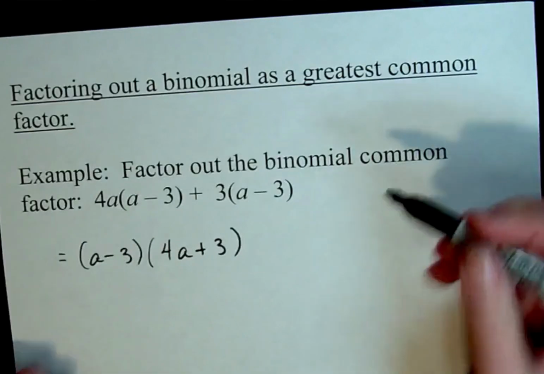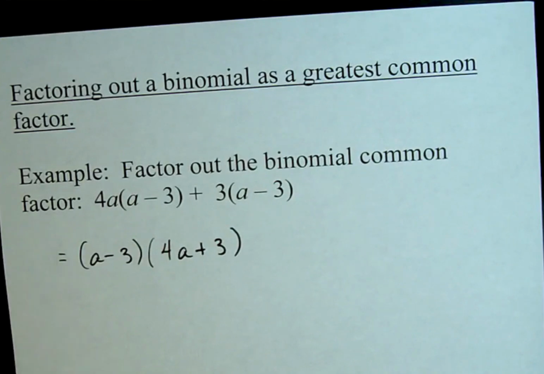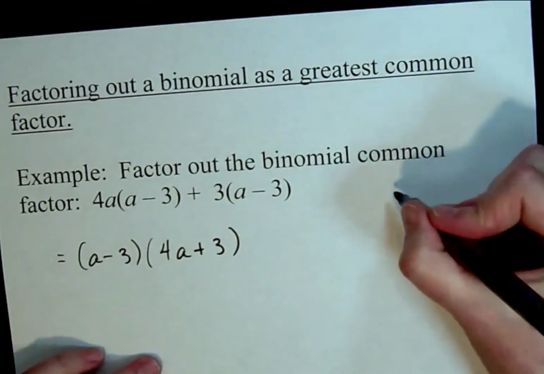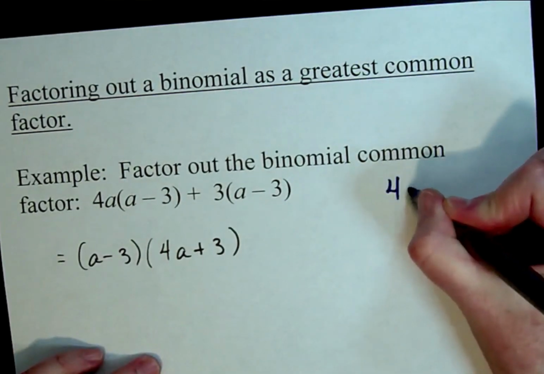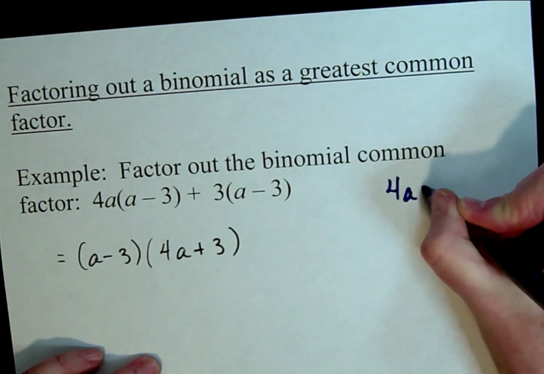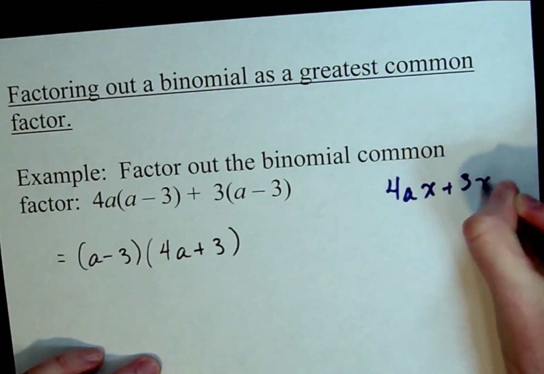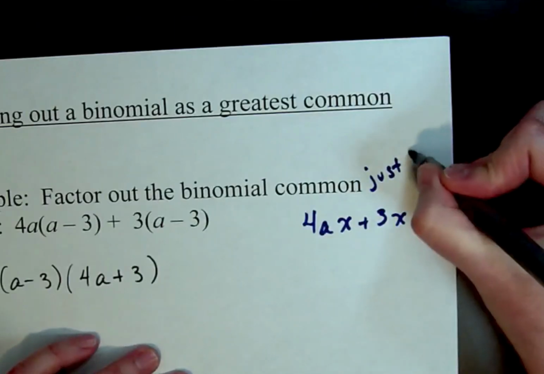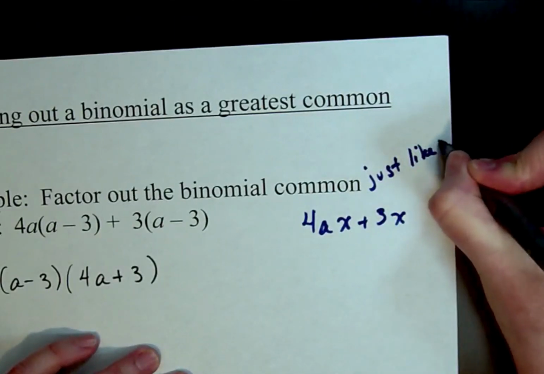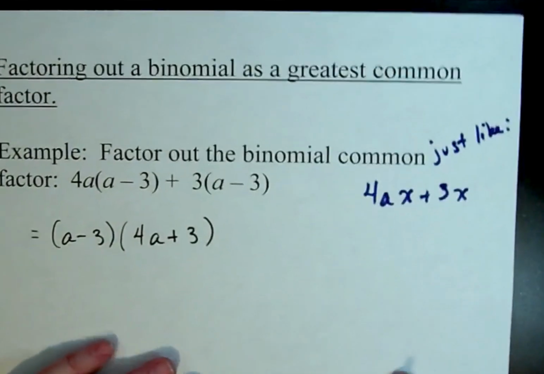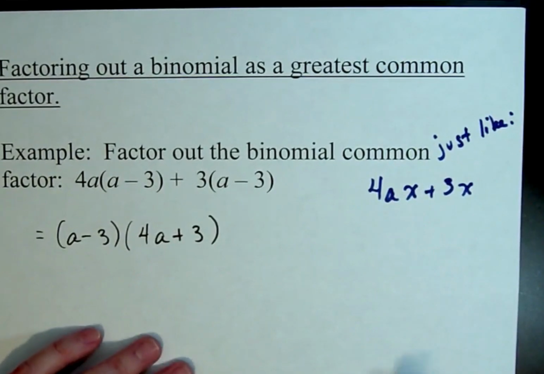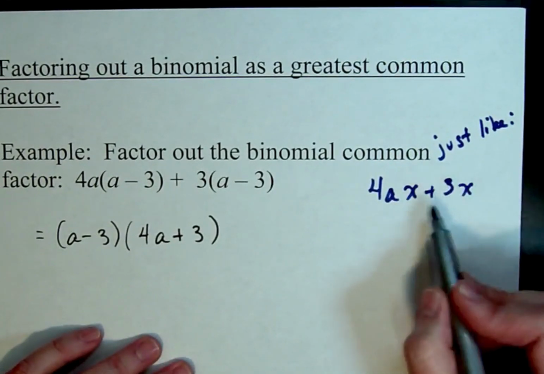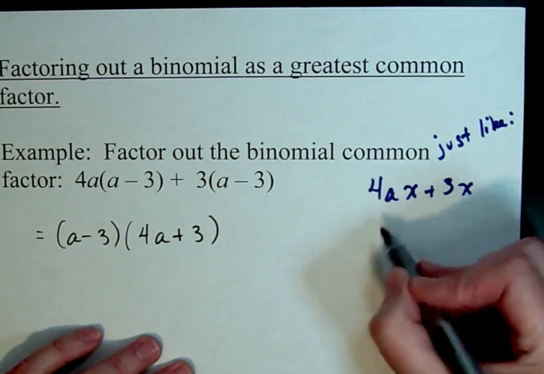Okay, this is just like if I asked you to factor out the common factor. Let's say I gave you 4ax plus 3x and asked you to factor out the common factor. You'd say, oh, well, x is common to both places.